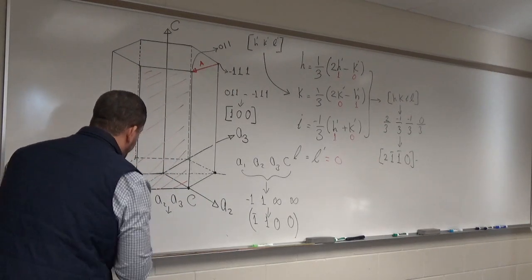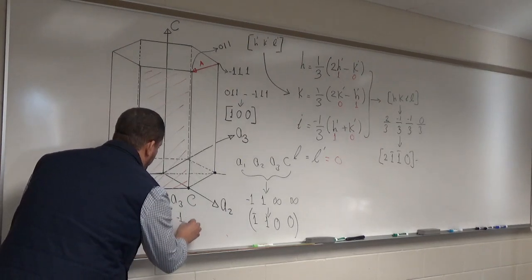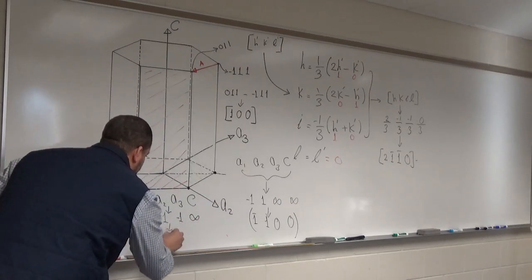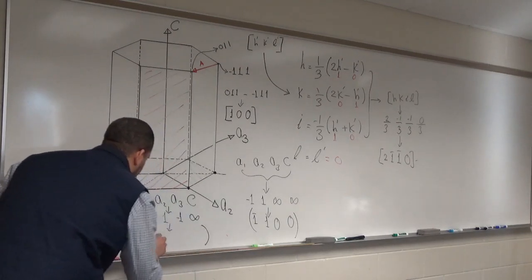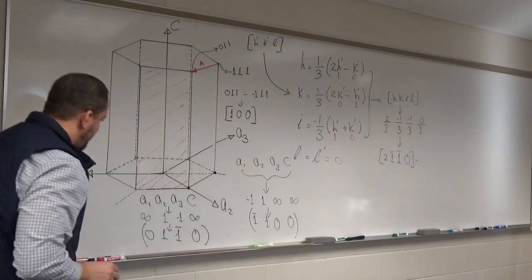We have infinity here, 1 here, and -1 here, and for C we have another infinity. So simply the Miller indices would be 0, 1, -1, and another 0.